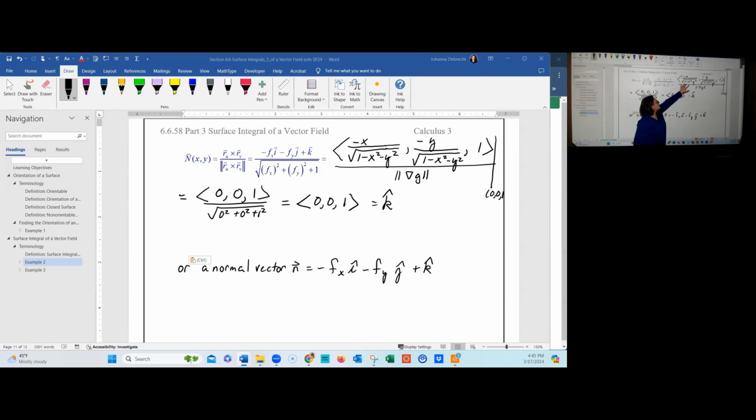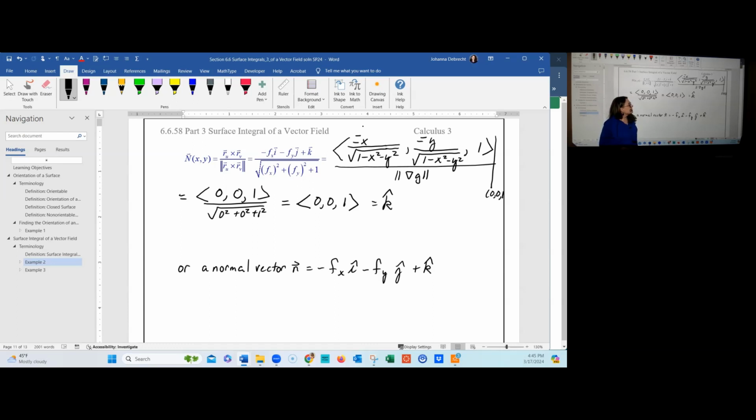In this case, we found the partial with respect to x to be negative x divided by the square root of 1 minus x squared minus y squared. So I should have a double negative up here. And then we found the negative partial with respect to y to be another double negative, so it would be positive.